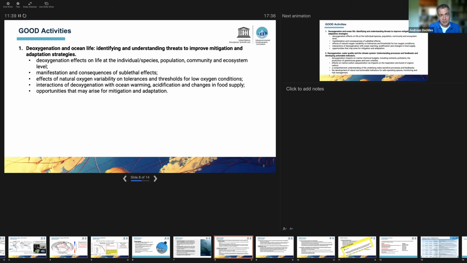It does affect metabolic activities of essentially all species, and these far from lethal effects may have a huge impact on the structure and functioning of marine ecosystems. And this understanding of these lethal and sublethal effects is essential to better define and eventually construct measures for mitigation and adaptation.